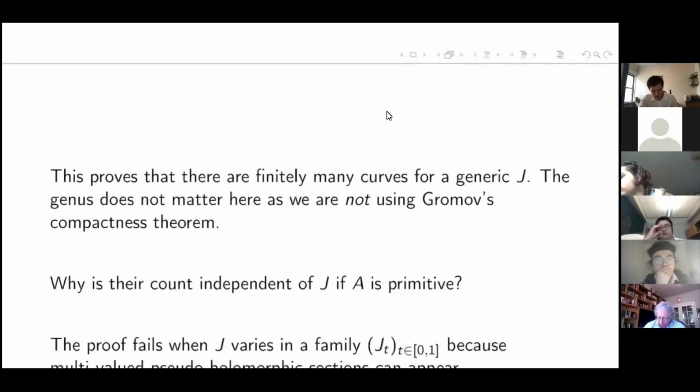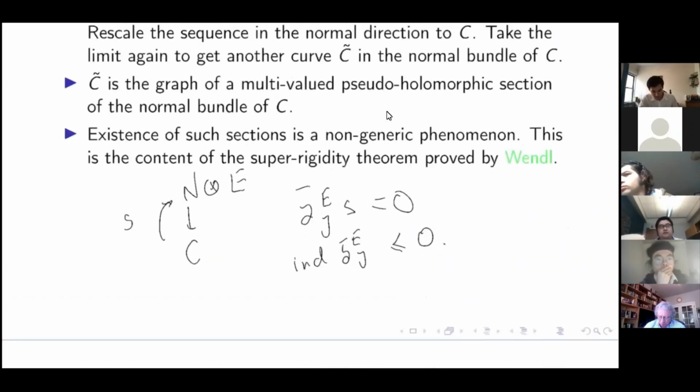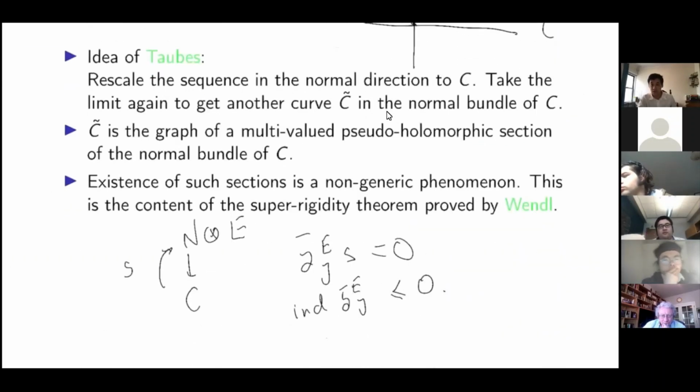So I'll scroll to the previous slide. Now if you try to do this proof, but you assume that the curves are pseudo-holomorphic with respect to different J's, so you allow J to vary, everything is exactly the same until you reach this last step. In the last step, we use the fact that the index of this operator was non-positive.